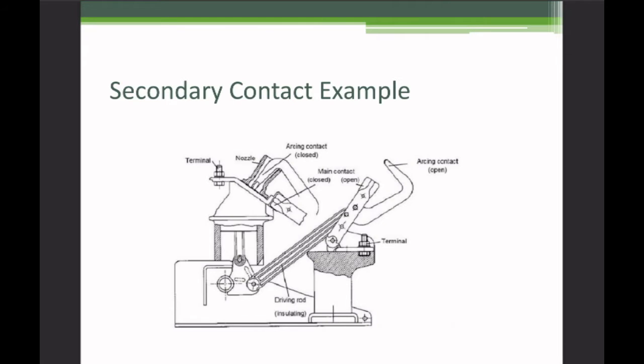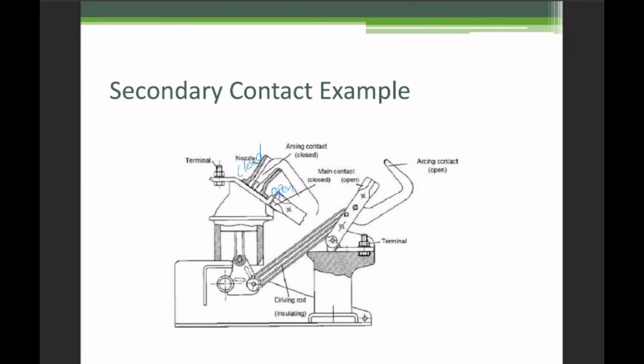So at some point after this starts to move, this becomes open while this is still closed, so that when the arcing contact or your secondary contact finally breaks, the arc is drawn here and there's no arc drawn over here because there's much more space. And so the dielectric breakdown occurs at your arc contact.